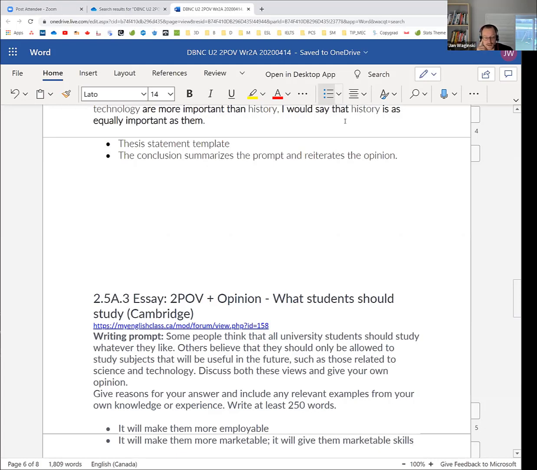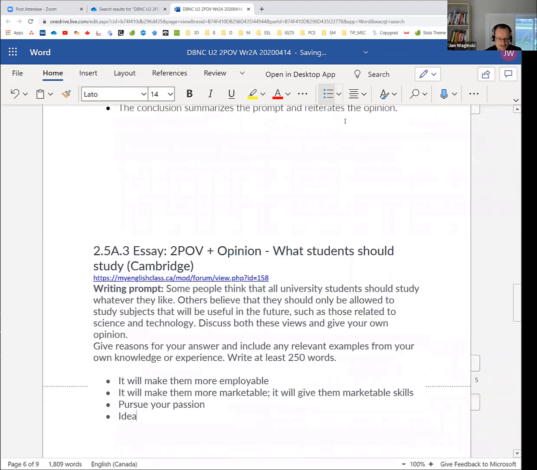And I think she is the only one with a steady career. All of the other ones who decided to pursue their passion, who were very idealistic. So I'll write these down here. Pursue your passion. They're idealistic.